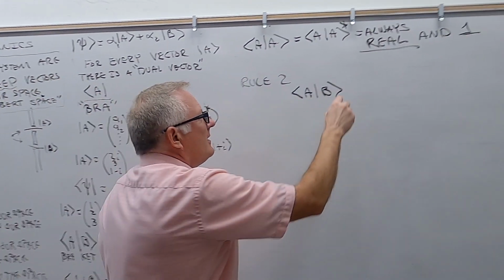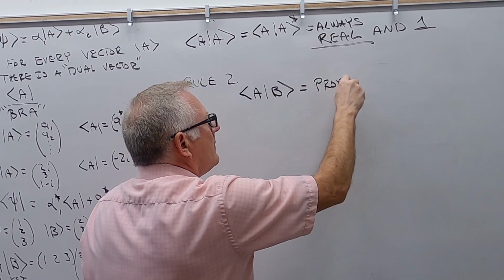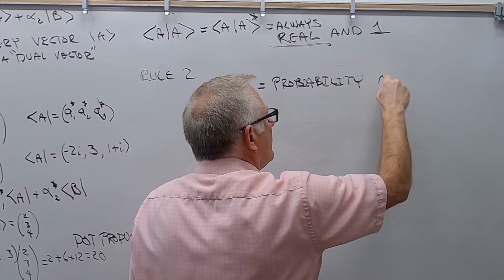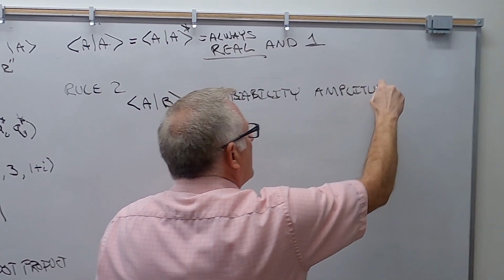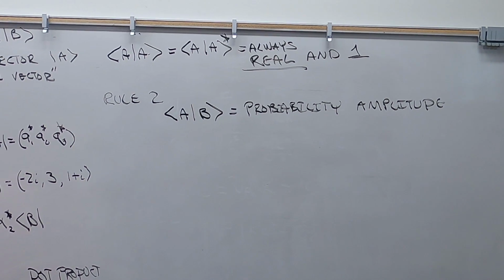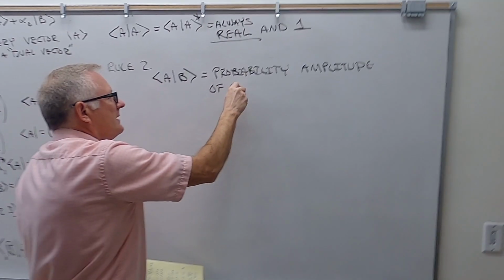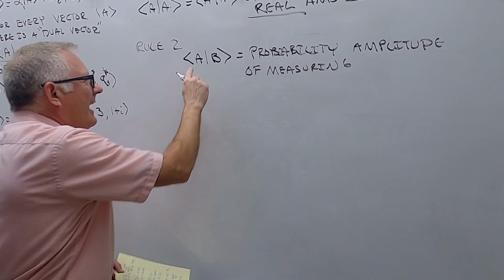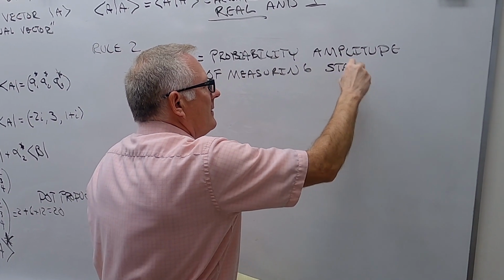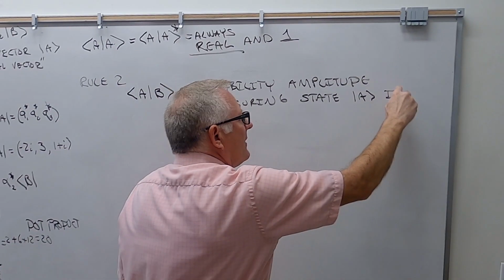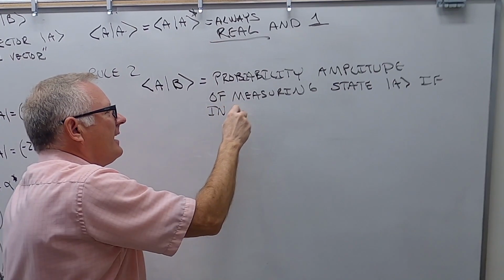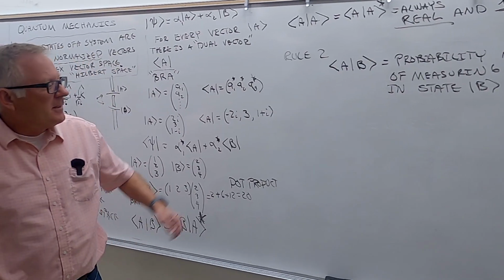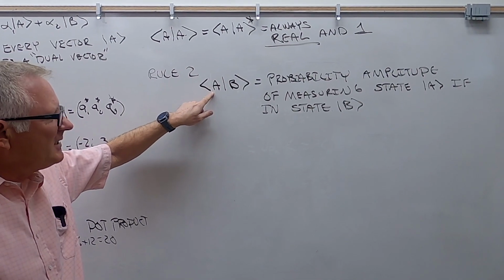This right here is the probability amplitude of measuring state A if in state B. So if you're in state B, this first one, and you ask, what is the probability amplitude of measuring state A?